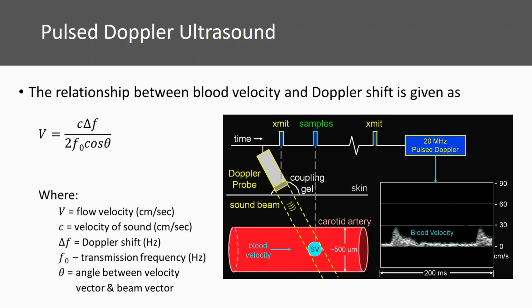Ideally, we would like theta to be 0, having no effect on the velocity calculation. So what this means is that we would like to have the Doppler probe as in line with the blood flow as possible, either with the blood moving towards or away from the probe. You will see later that the probes on our system are quite small, allowing us to achieve very small angles, and we'll talk a lot more about this as we move through the presentation today.